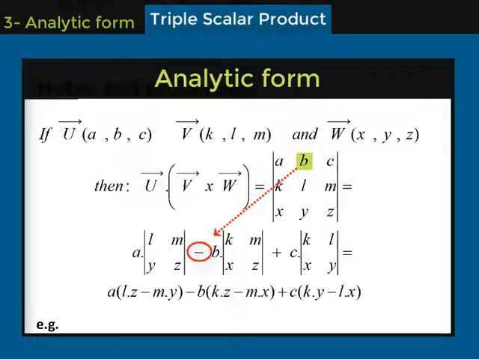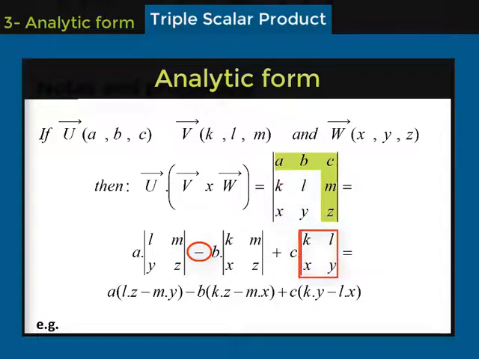Then we put a minus preceding the element B and we repeat the same procedure. Then we take the element C and we repeat again the same procedure.